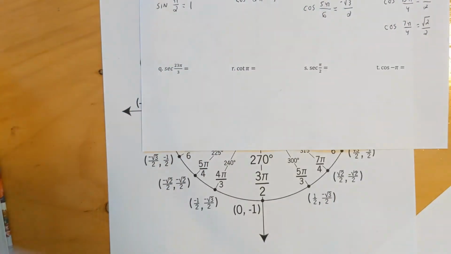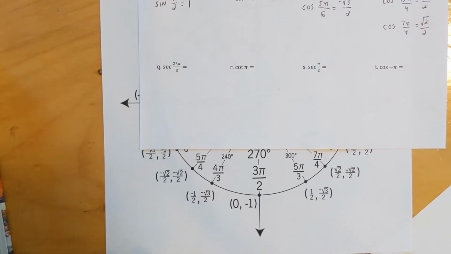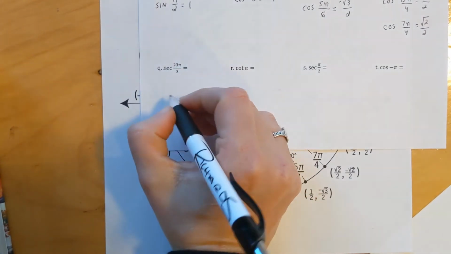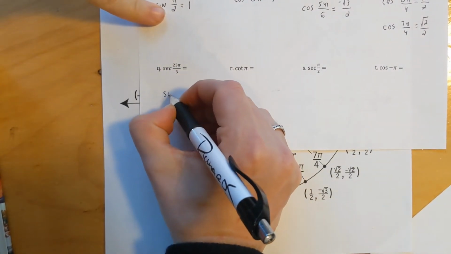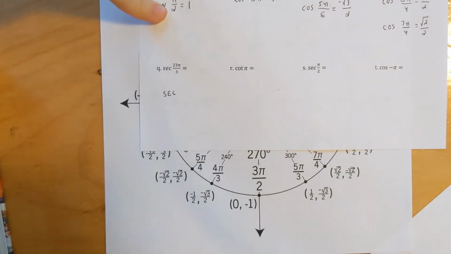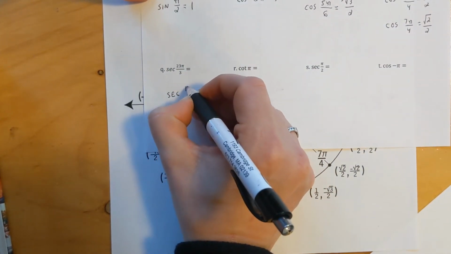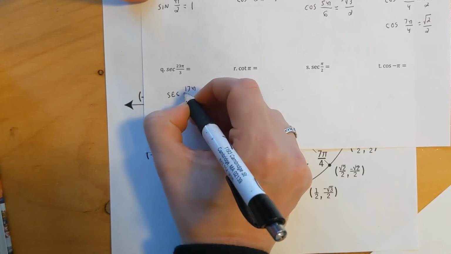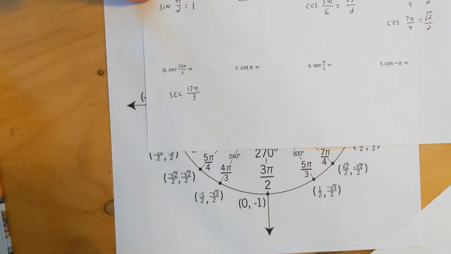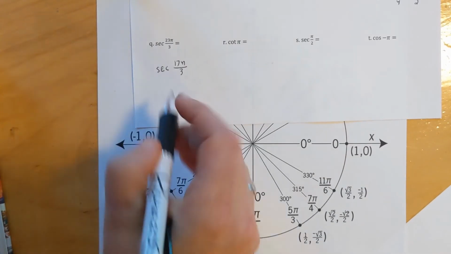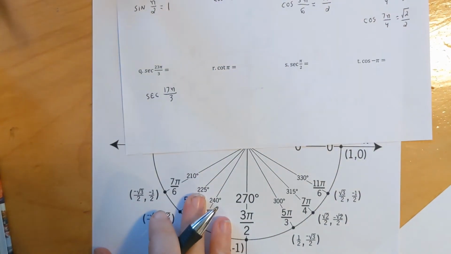So, just like I did over here, I'm going to subtract 2 pi until I get something that's on my unit circle. Subtracting 2 pi is the same as subtracting 6 pi over 3. So that's going to be 17 pi over 3, which again, our unit circle doesn't go up to numbers that big, so I'm going to just keep subtracting.